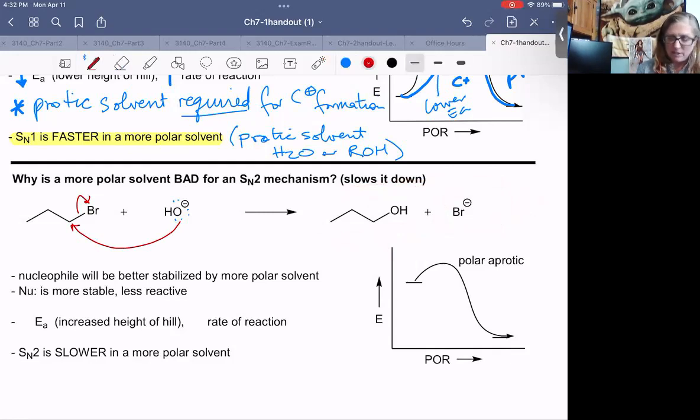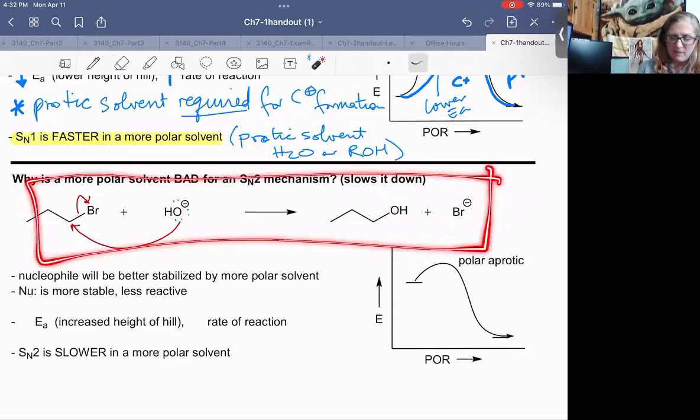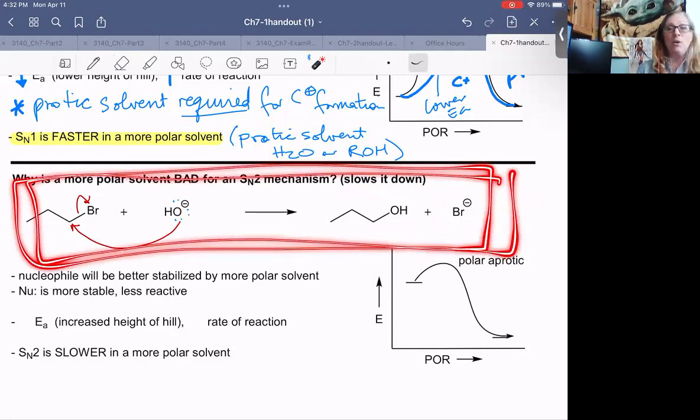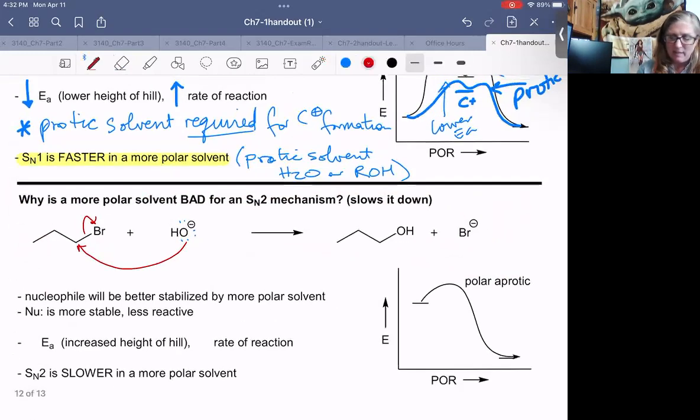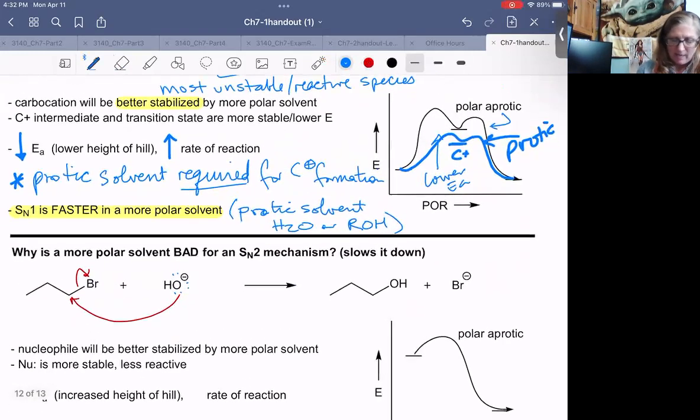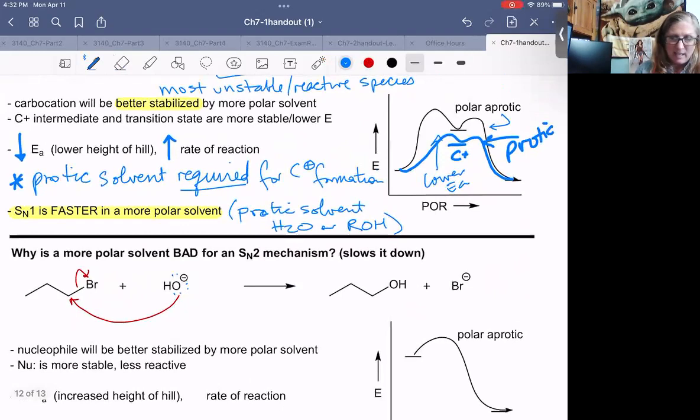Now, when we look at this whole reaction process, everything involved in the mechanism, what is the most reactive, the least stable species in this whole mix? In this case, it's the nucleophile. This is our nucleophile. This is our leaving group.